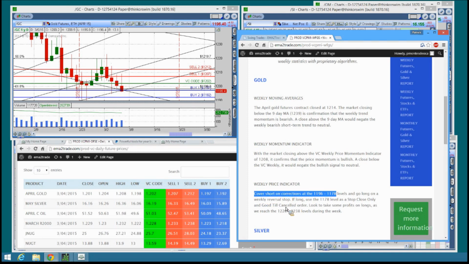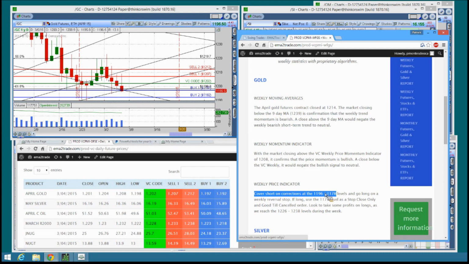And then the weekly price indicator tells us where to cover the position if you take the short side. It tells you here basically that if you go short, to cover shorts on corrections at the 1196 to 1178 levels during the week, to reverse and go long. The market just happens to be trading at 1196.40, so it's triggering a weekly buy signal at the buy 1 level for the gold market.